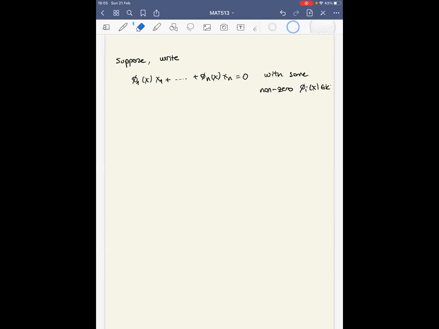So that means there exist non-zero functions such that this linear combination is trivial.